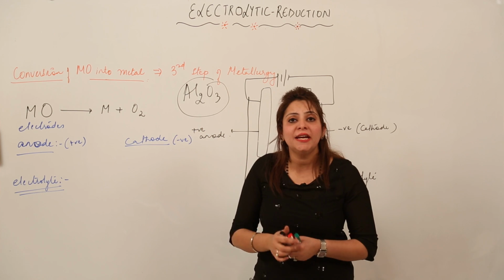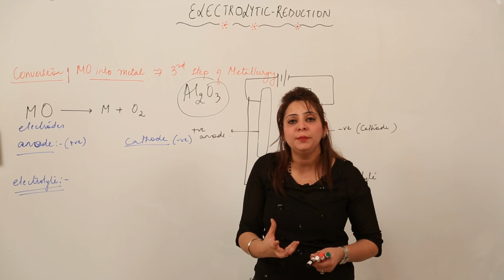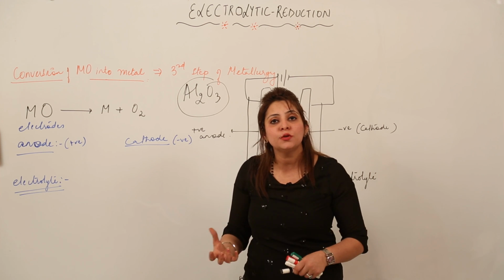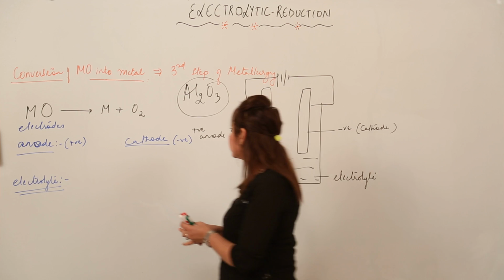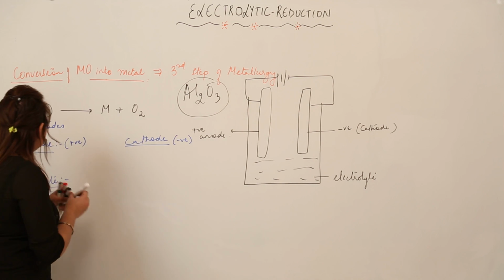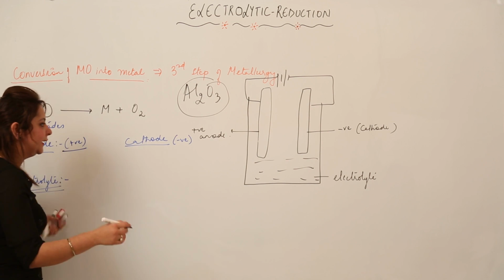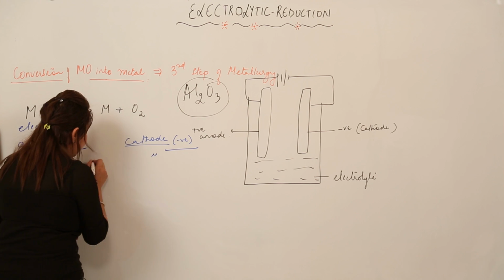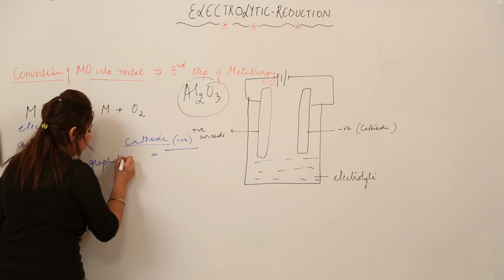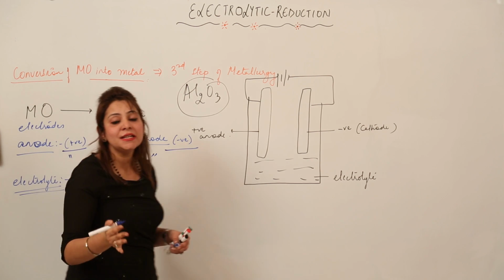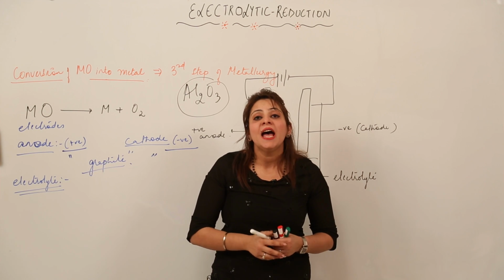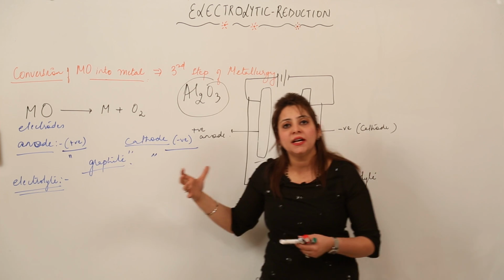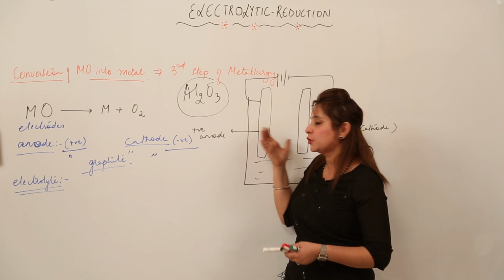So which anode, cathode material and which electrolyte will we be using, or what else are we going to add into the electrolyte? Just look at the board. The anode is again the positive terminal and the cathode is again the negative terminal. They are made of graphite. As you know, graphite is an allotropic form of carbon and it is best suited to make electrodes, so that is why graphite is taken as the electrode material.